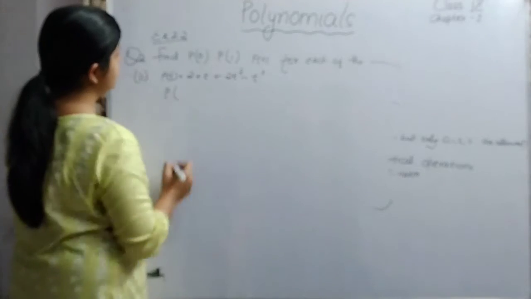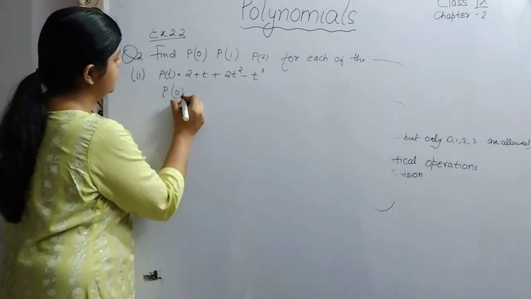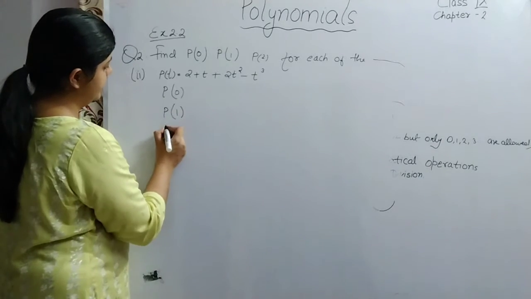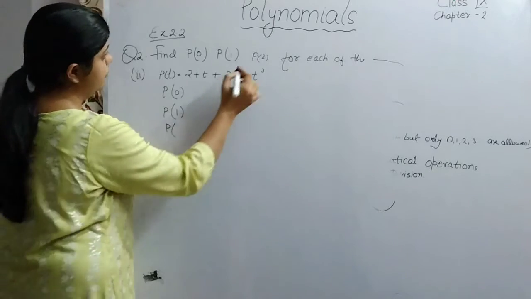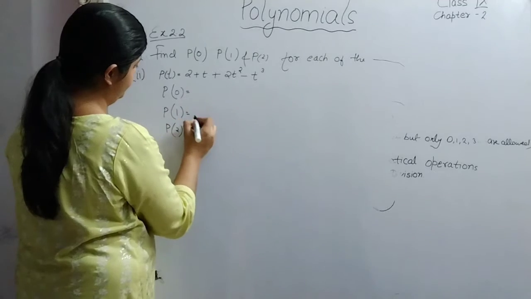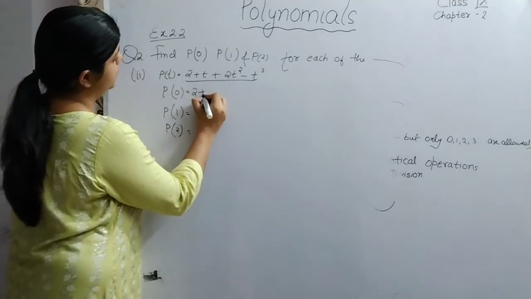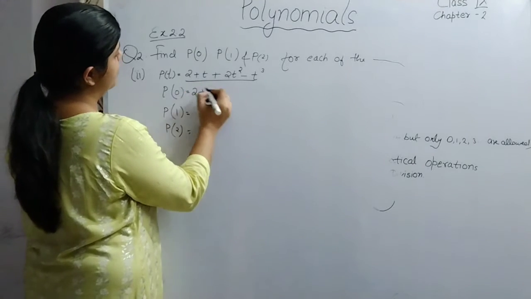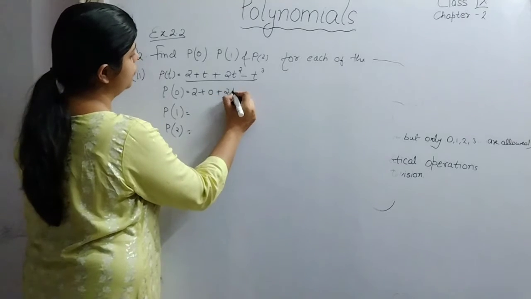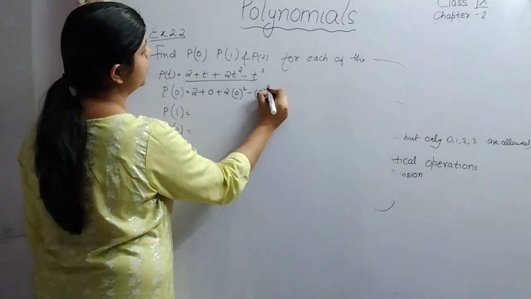Now we are going to solve this. We take the value 0 in place of t. The second value of t is 1 and the third value of t is 2. The equation is: 2 plus 0 plus 2 times 0 square minus 0 cube.